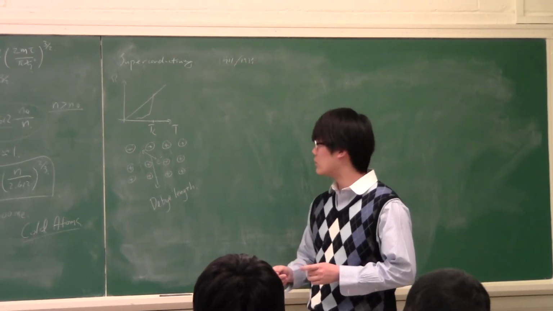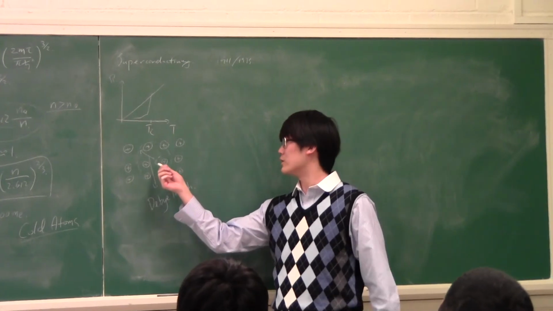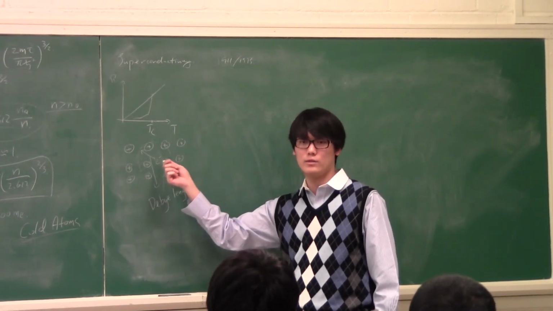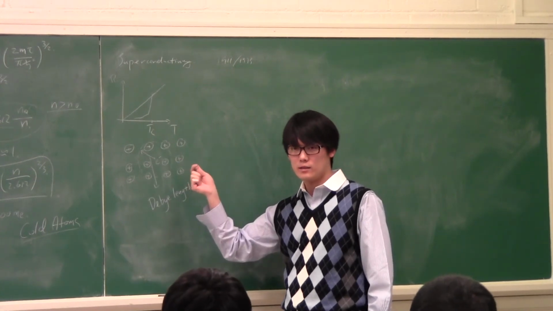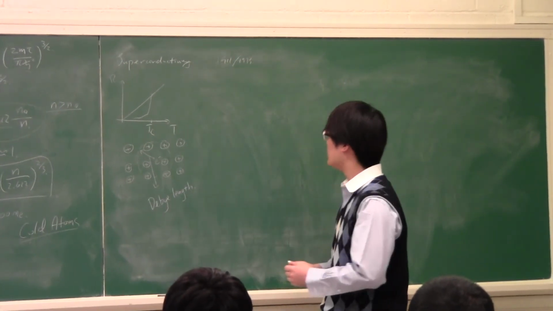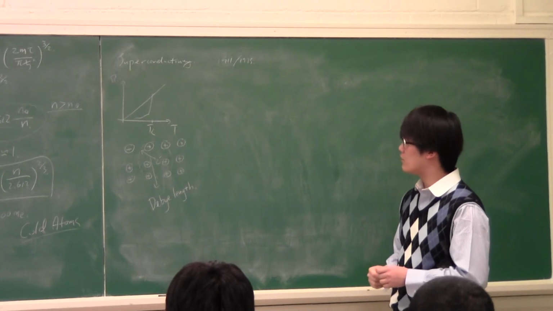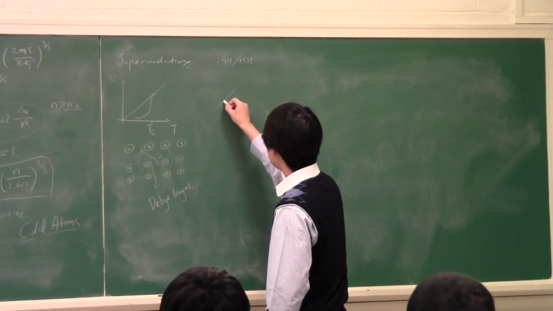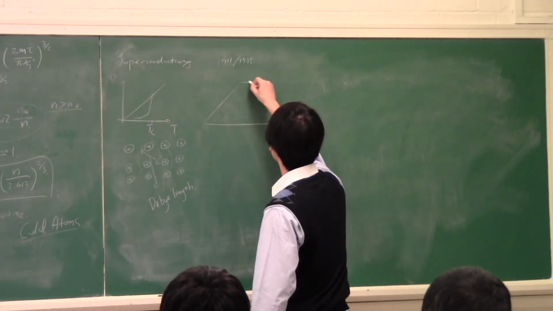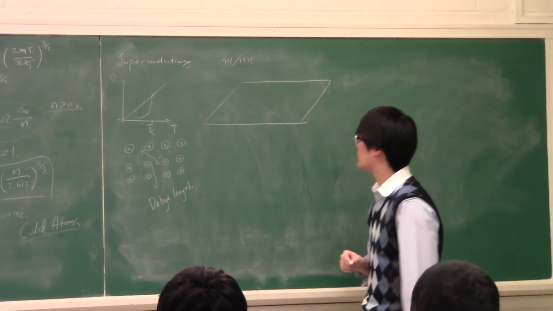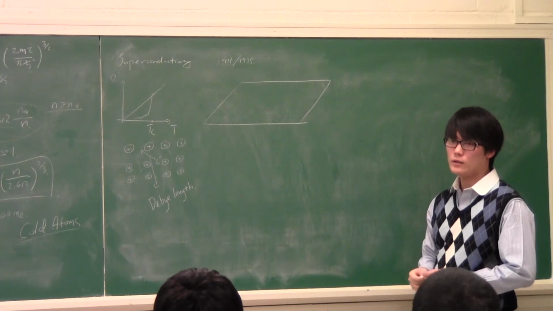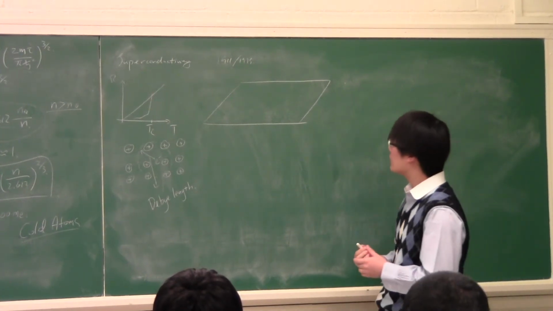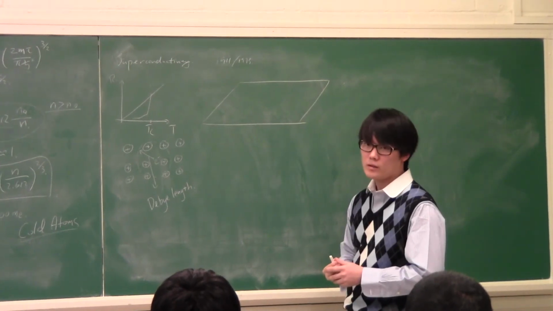What we are saying is that if we don't think of the lattice as being rigid, and we allow electrons to displace the lattice, then there is a long-range interaction. Let me give you the analogy of an elastic sheet. We have an elastic sheet, and now I put a massive particle on it.